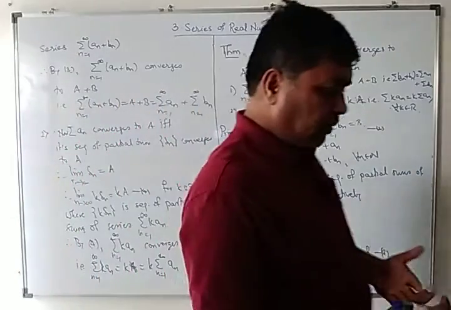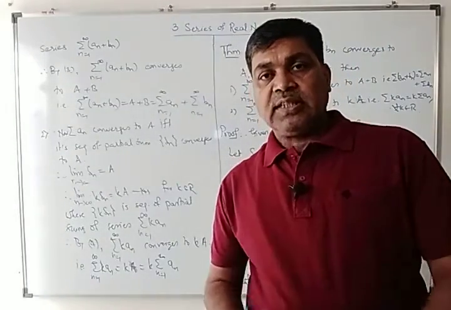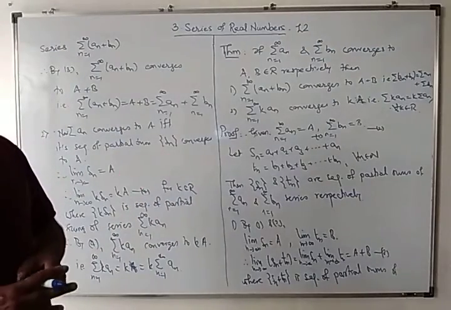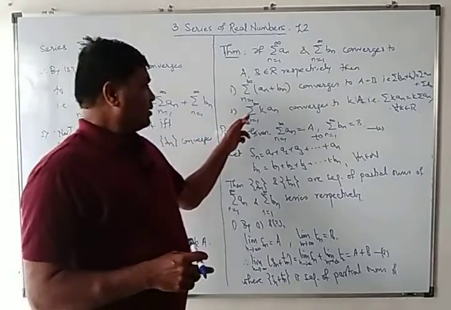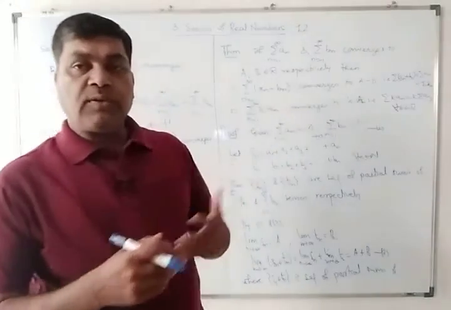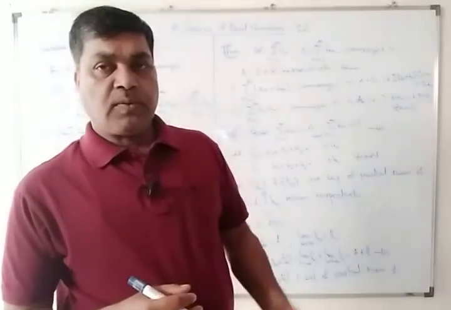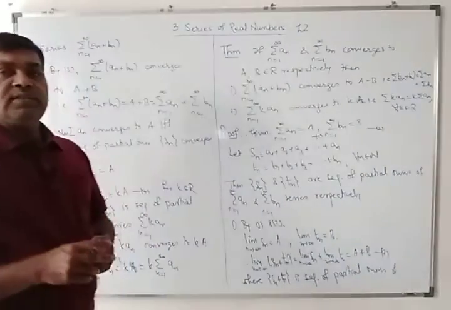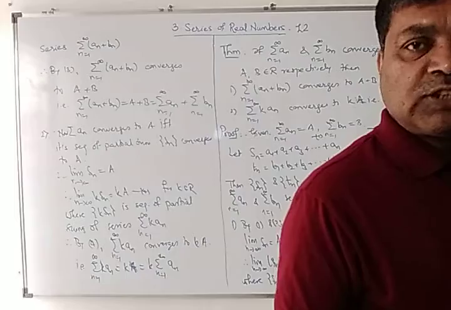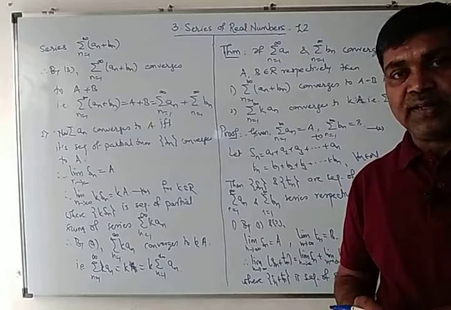So the addition of two convergent series is again convergent, and the series of added terms converges to the sum of those two series. Similarly, for the scalar multiple of a series: if summation of an converges to A, then an is a sequence of real numbers, k times an is a scalar multiple sequence, and the corresponding series summation of k times an must converge to k into summation of an, where k is any scalar.